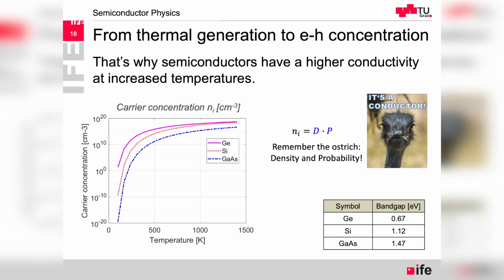So for the conductivity, one thing is the density of available states, and the other is the probability. That's what we have already seen in the previous slides. So for the charge carrier concentration, we multiply the density of states and the probability. Density of states comes with the material, the crystal structure, but there is also temperature dependence.